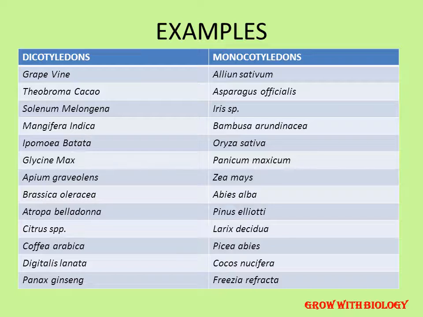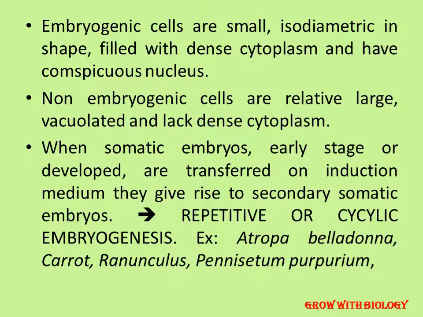In monocotyledons, it includes allium, asparagus, iris, bambusa, oryza, panicum, zea, albius, pinus, larix, picea, cocos and freesia, and many more are there. I have just included some. If you want to remember, grapevine is grapes, that is dicotyledon. Coffee is a dicotyledonous. Monocots includes zea mays and cocos. These are some of the examples of monocots and dicots which are grown through somatic embryogenesis.